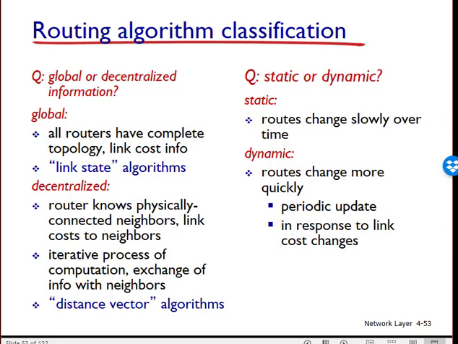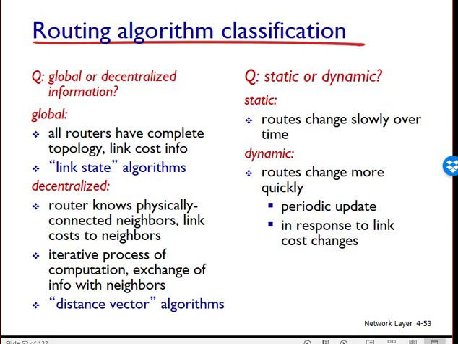Dynamic routing algorithms change the routing paths as the network traffic loads or topology change. A dynamic algorithm can be run either periodically or in direct response to topology or link cost changes. While dynamic algorithms are more responsive to network changes, they are also more susceptible to problems, such as routing loops and oscillation in routes.